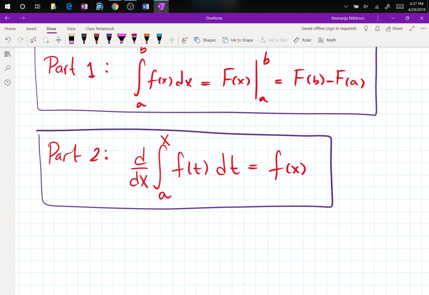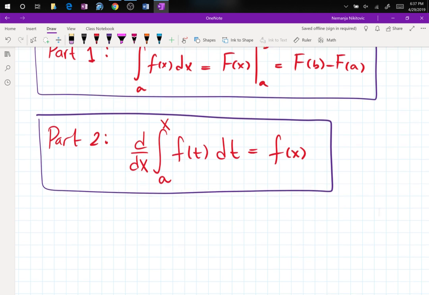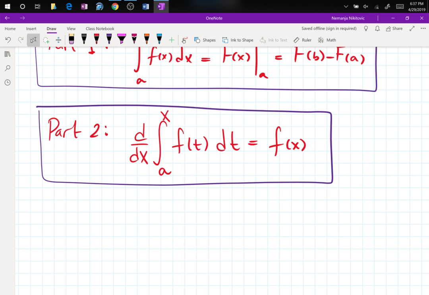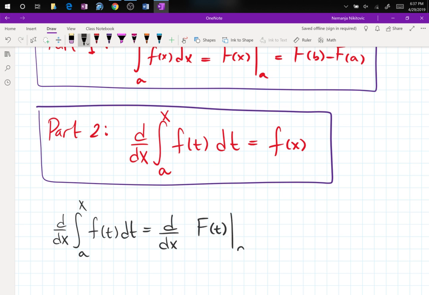Well, let's first verify that part two works. Take the derivative of the integral from a to x of f of t dt. Copy the derivative, and now when you integrate, you get your F of t computed from a to x. Now you have F of x minus F of a.